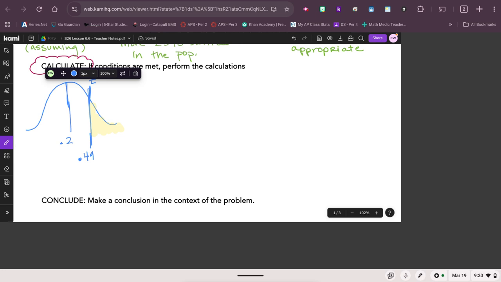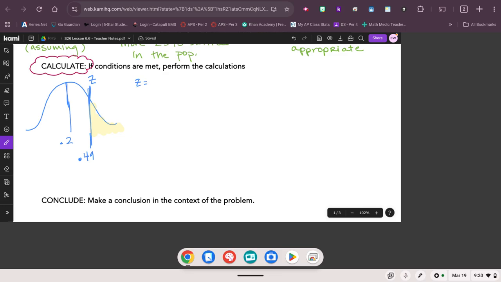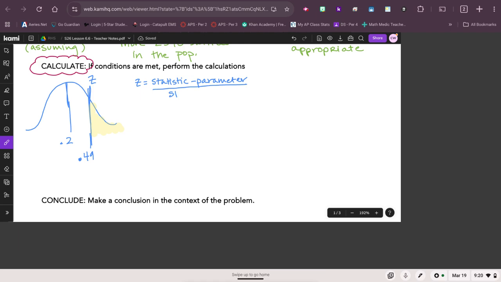We're going to have to find z using our information from our formula. So remember that z is the statistic, this is on your formula page, minus the parameter divided by your standard deviation.